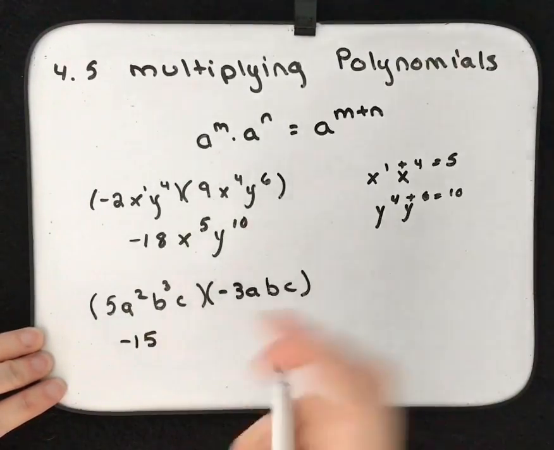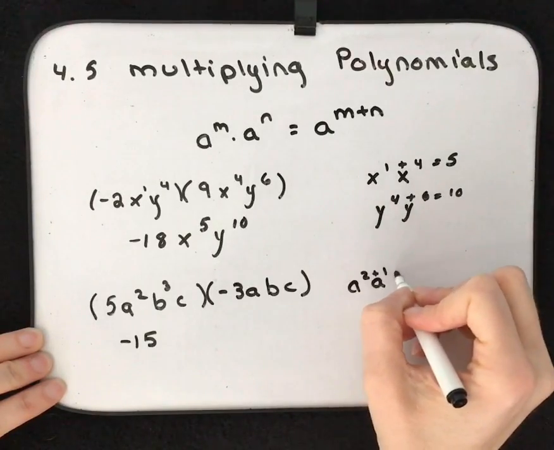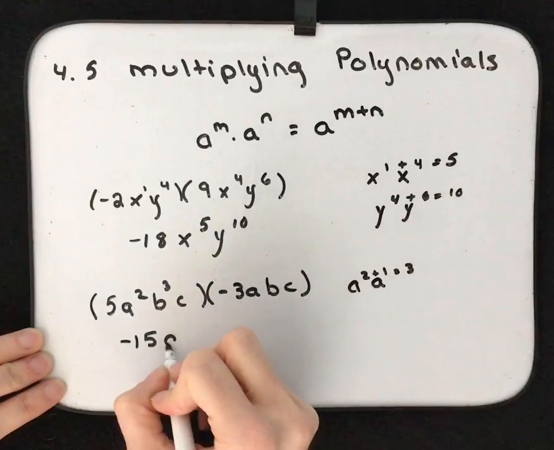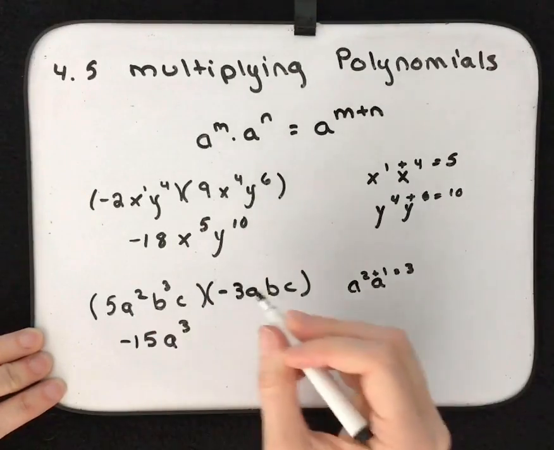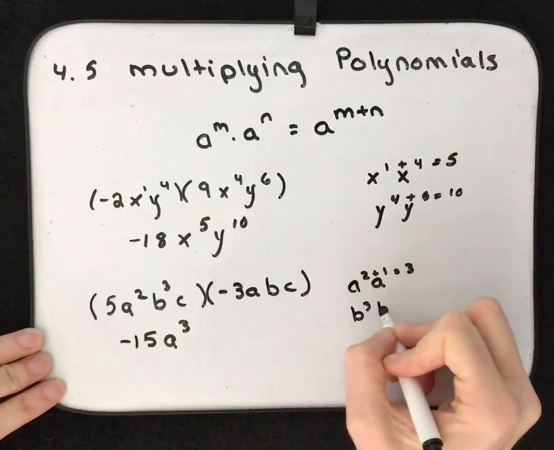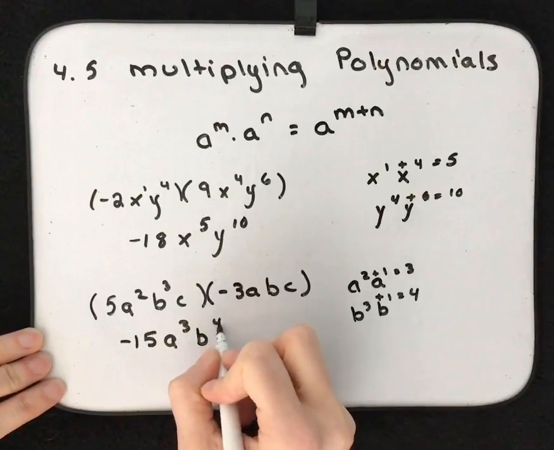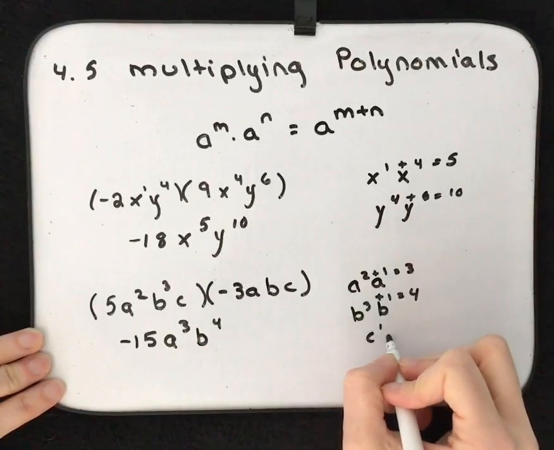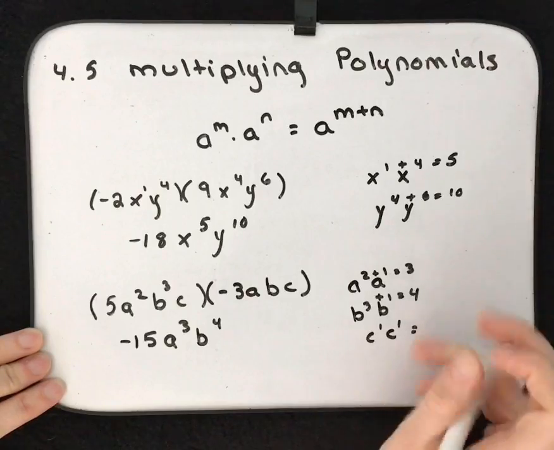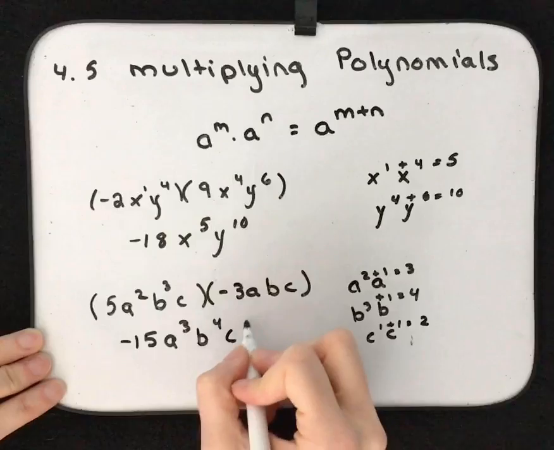A to the second, a to the first, that's going to look like a to the second, a to the first, so that gives me a to the third. B to the third, b to the first, will look like b to the third, b to the first, and that gives me b to the fourth. C to the first and c to the first, that looks like it will give us c to the second.